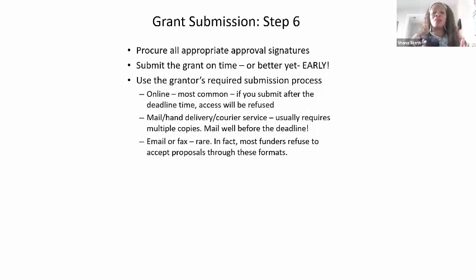Get all of the appropriate approval signatures together, your executive director, your board, get everyone's signature, and then submit your grant on time. Better yet, submit it early. If the deadline is 11:59 p.m. on Thursday, March 25th, submit it at noon on Thursday, March 25th. Submit it the day before. Be on time, be early with your submission.